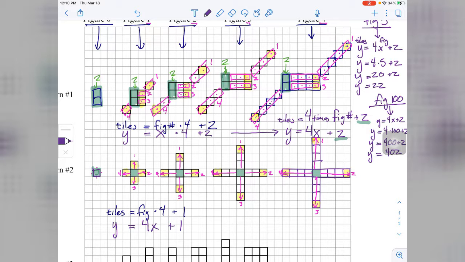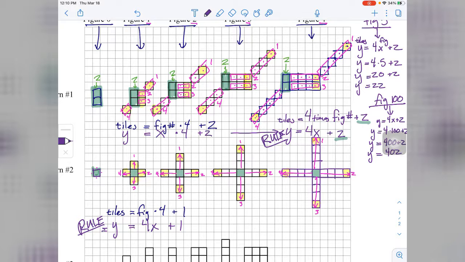This is called the rule. It is the way that we can figure out how many tiles there are for any figure number. I'm going to write it up here for the previous one too.